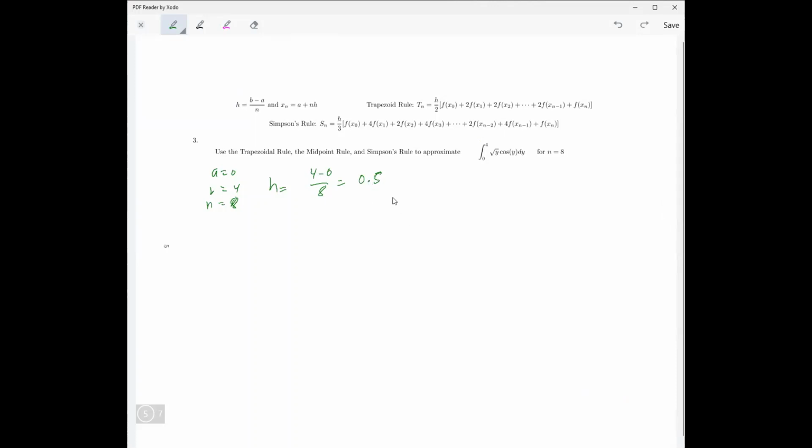And again, decimals are probably better. That's why I'm using decimals in this case, because there's going to be a lot of calculations. Okay, and then just do the same thing. This is our function right here.